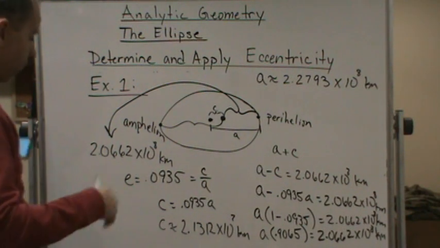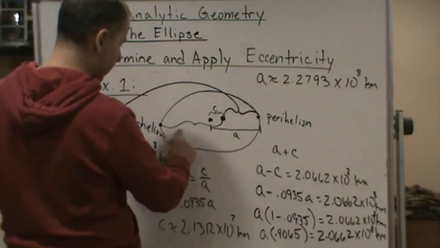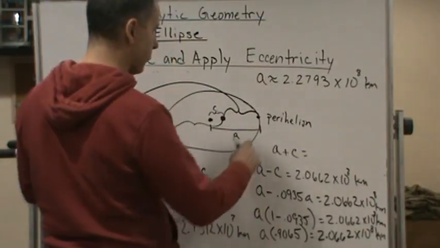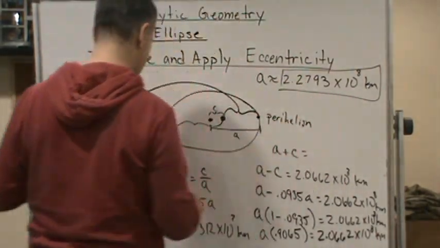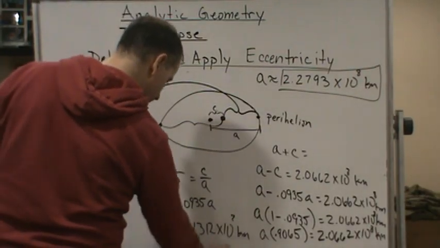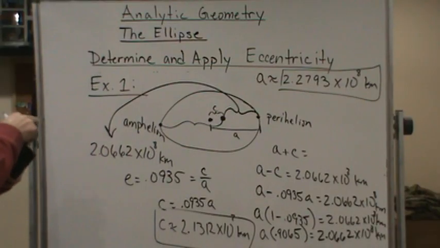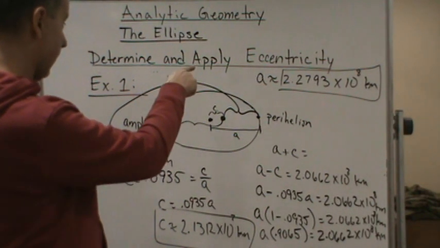All right, so now I think we got what we need, right? We need A plus C. So now all we have to do is add those together. So we got this number, A, and we got this number, C, and let's add them together. So I'm going to go plus, and what do I get?